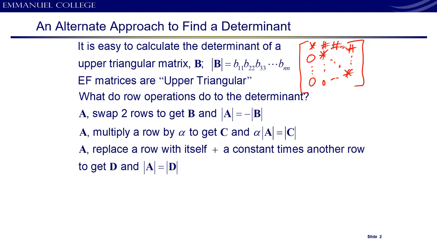Now, the nice thing, and this is the best part, is if you do a row replacement, like when we were trying to get something in reduced echelon form, or just simply echelon form.